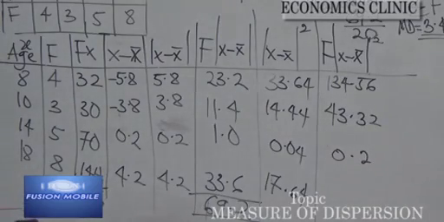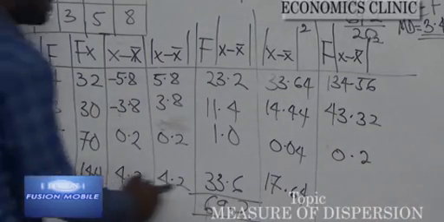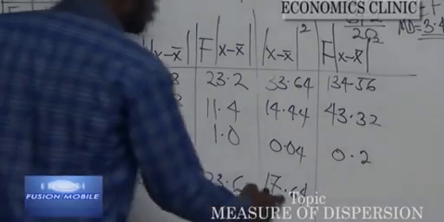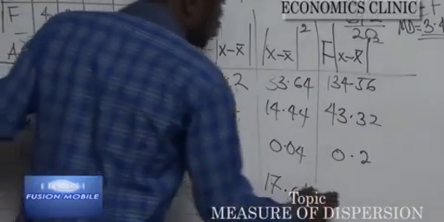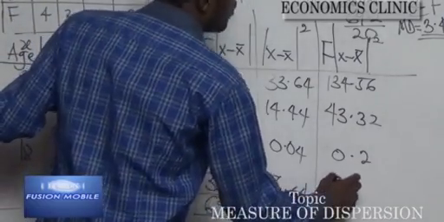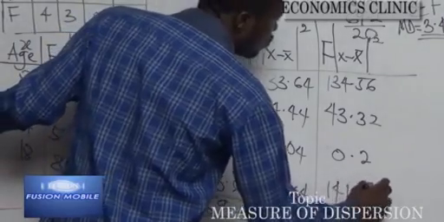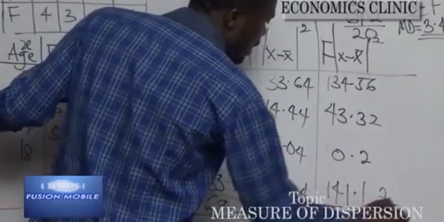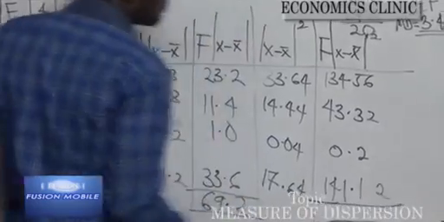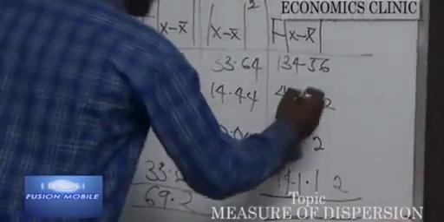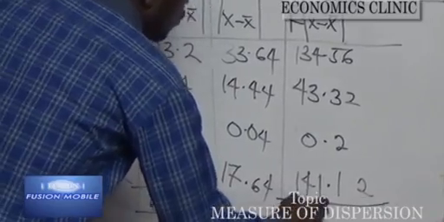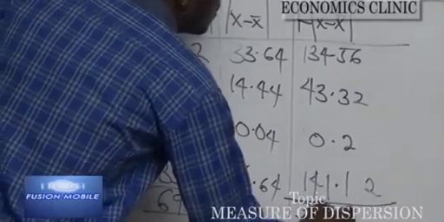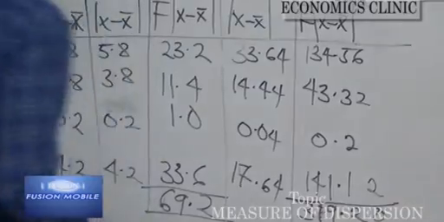Then the next one is 8 times 17.64 gives us 141.12. So we add these values together, and by adding them we have 319.20.